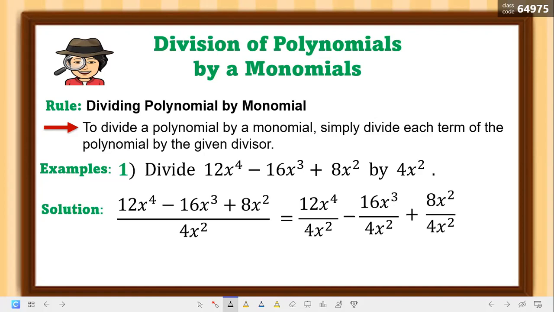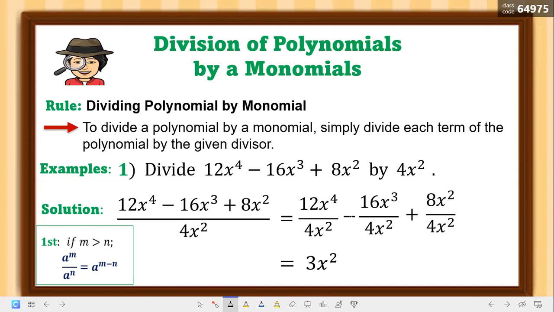What is 12 divided by 4? 3 po. 3x squared. Okay, very good. That is using the first law of exponents for division. So kaya nga siya 12 divided by 4 is 3. Then, copy the base and subtract the exponent. Ano yung ating exponent ni x? X squared.